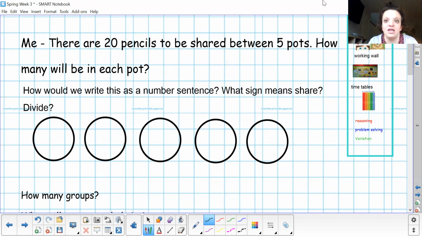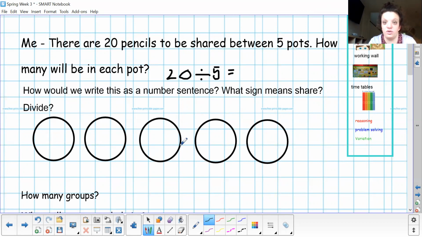Okay, well done. So there's 20 pencils, they need to be shared between 5 pots. So I've got 20. And I've got my divide sign, which means share. And that's between 5 pots. And then my equals, ready for my answer.